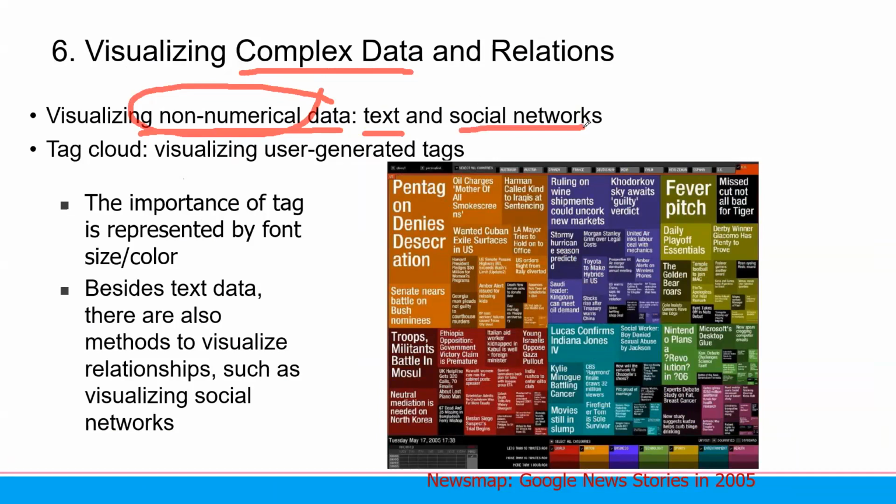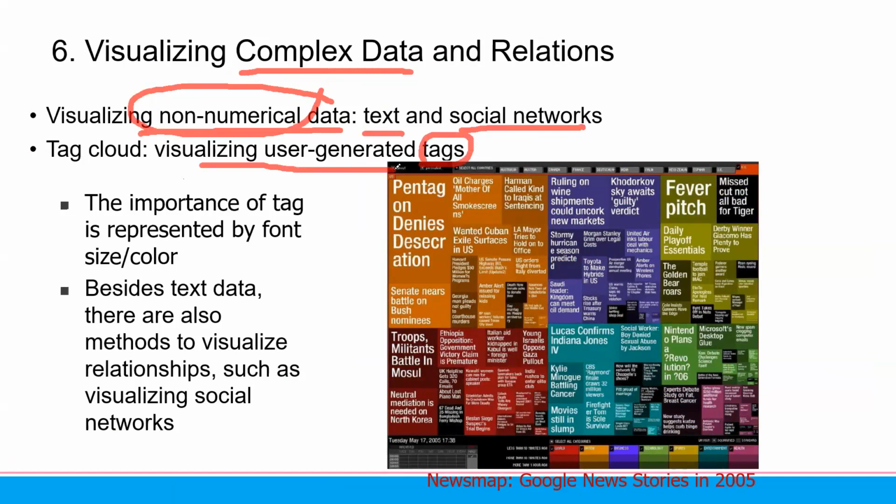In social networks, we want to see the relationship between one person and another person. If you use Instagram, or Facebook, or any social media, you will have text. You can visualize the user-generated text. When you post something, you can see how many people posted using that text.